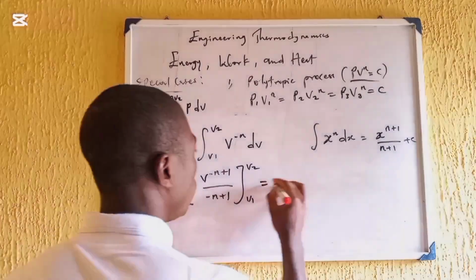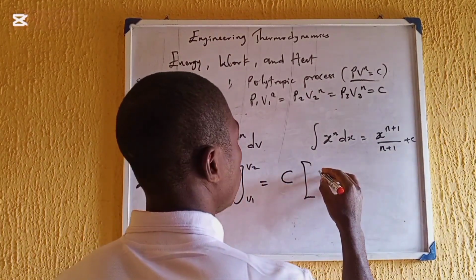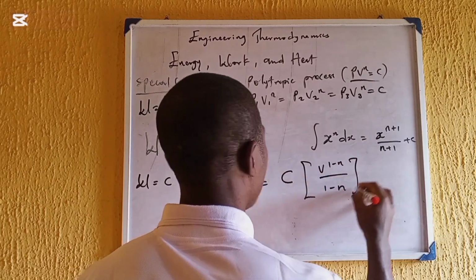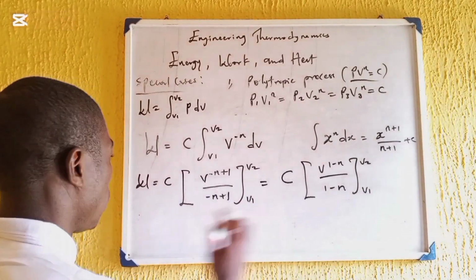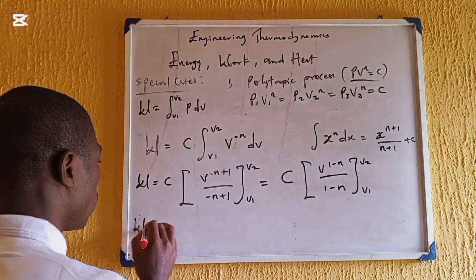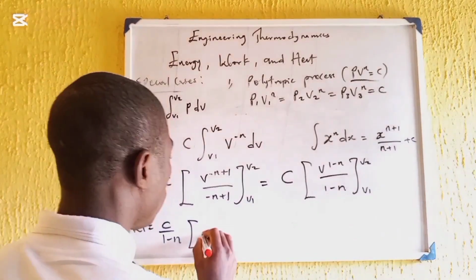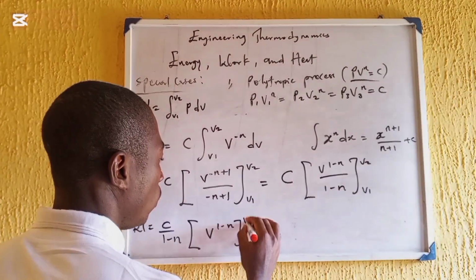Now this is the same thing as C into V to the power 1 minus n over 1 minus n, between V1 and V2. So we can bring 1 minus n out. We're having work is equal to C over 1 minus n into V to the power 1 minus n, from V1 to V2.